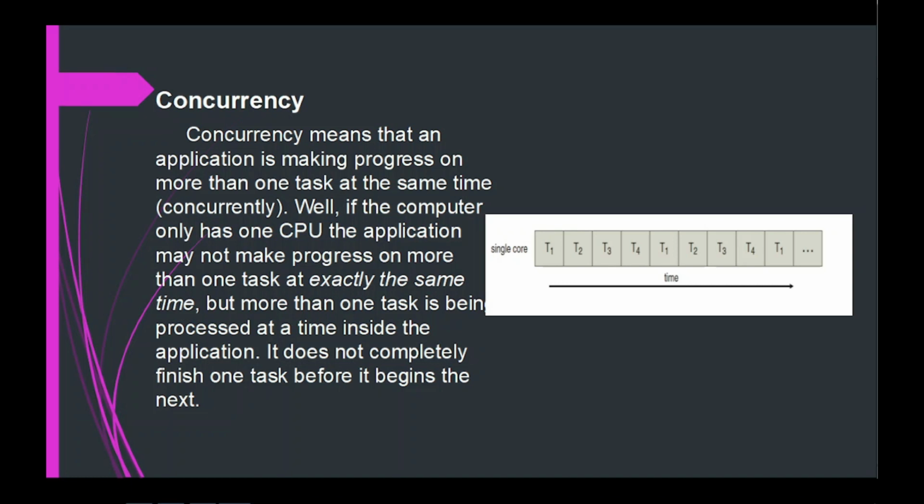So in concurrency, if a task is implemented, it does not exactly execute another task. If the first task is not completely finished, then the second task will not be executed.